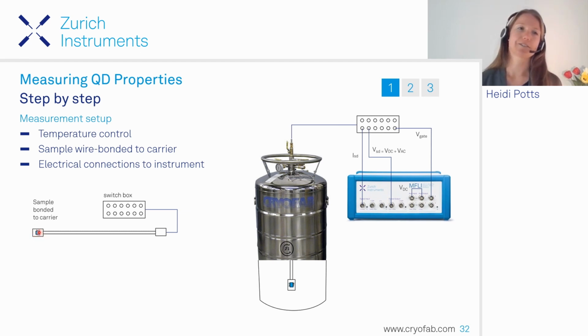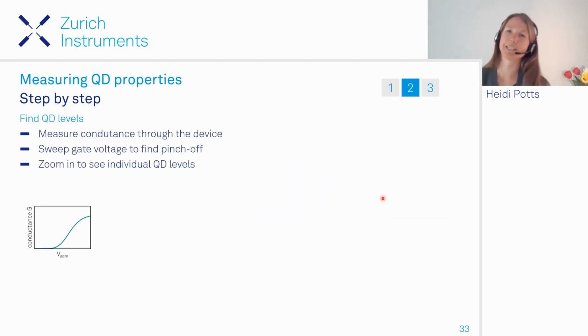Then you have the electrical connections with wire bonds to some small shielded wires that go outside of the dewar to a switch box. And from that switch box, you can then connect your measurement instrument. With this, you would be all set to start measuring your quantum dot device.